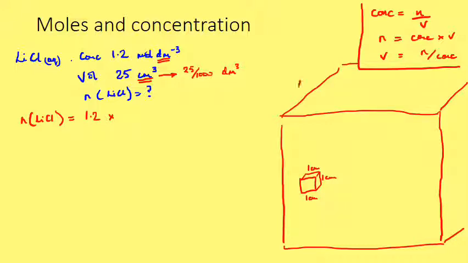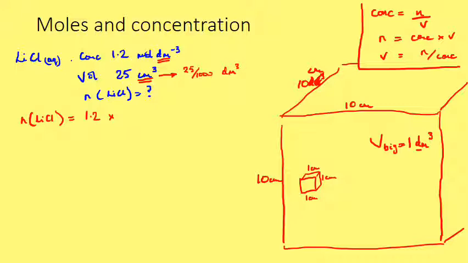So the volume of the big box equals 1 decimeter cubed.